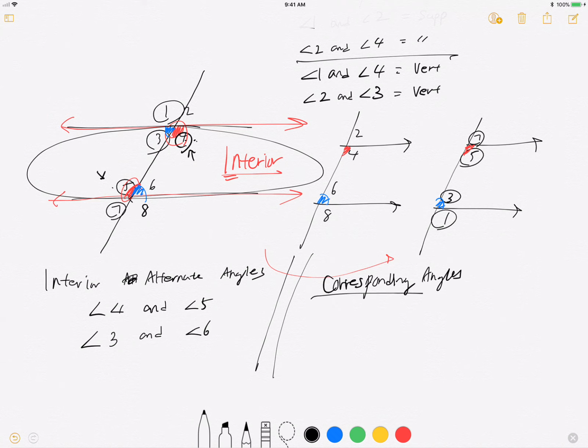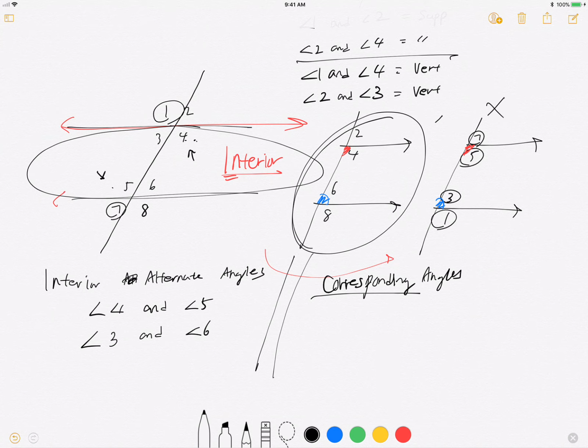Now, if we're talking about corresponding angles, what I told you today was that it's the same shaped angles. So for example, I'm going to erase these red, blue marks here. This is 5. So corresponding angles, it looks the same. If I gave you just this portion, and I don't focus on this right now, just focus on this.